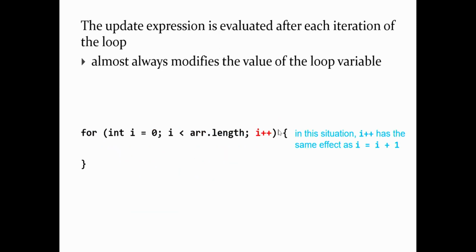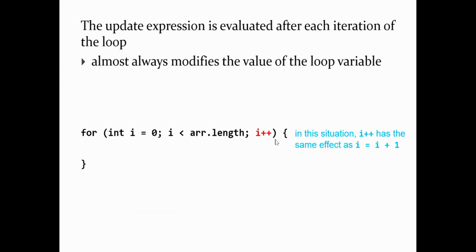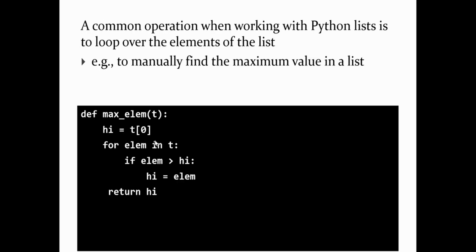Okay. Now, when do you need to use this counting style loop? If you need to access more than one element of the collection every loop iteration, you probably need the counting style loop. Notice that in the Python for each loop, you have to look at every element in the list, and you can only look at the current element each time.